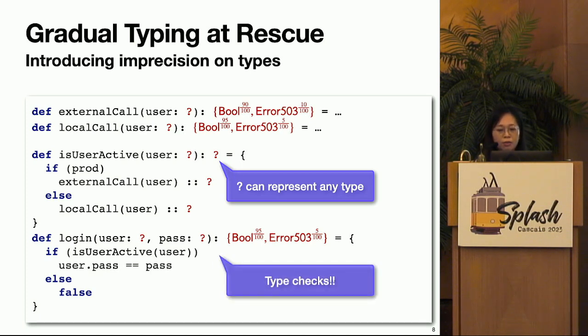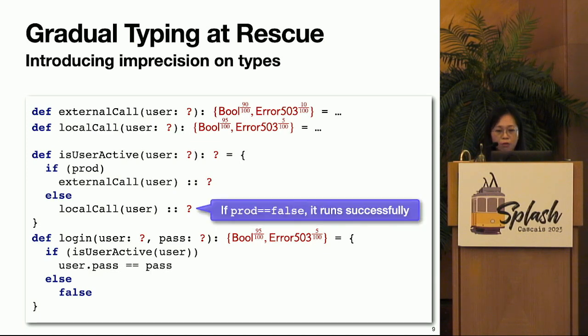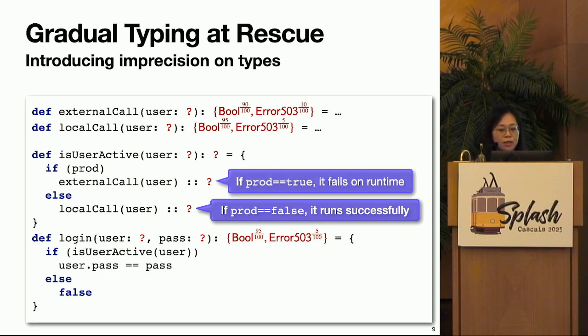You can develop freely without worrying about failing. And if you are in production mode, you are going to fail at runtime. Yeah, so this is what happens. If production mode is true, then it's going to fail at runtime because 90% is not equal to 95%. And if production mode is false, then it runs successfully.